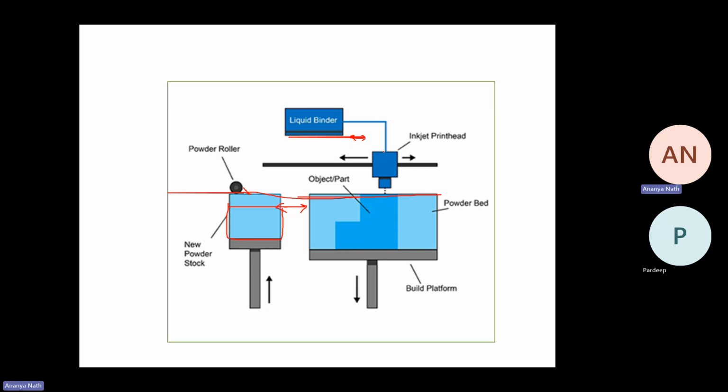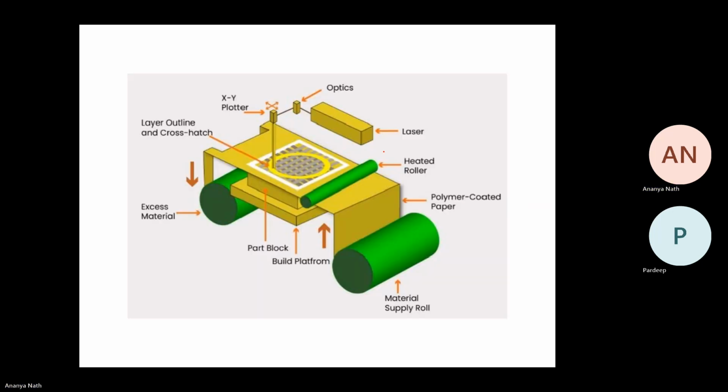This part will have very little strength, so we often go for post-sintering or heat treatment processes to get better strength for this part, because here we are not melting any powder particle, but we are kind of gluing them together. So there can be porosity, there can be other problems, voids and everything. So to get the strength out of the raw powder, we go for the post-processing.